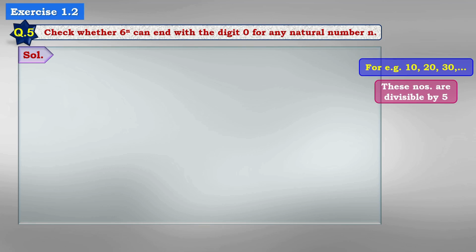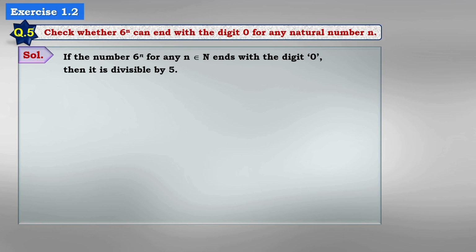So now we are going to check whether 6 to the power n has any factor of 5 or not. If the number 6 to the power n, for any n belonging to N, the natural numbers, ends with the digit 0, then it should be divisible by 5.